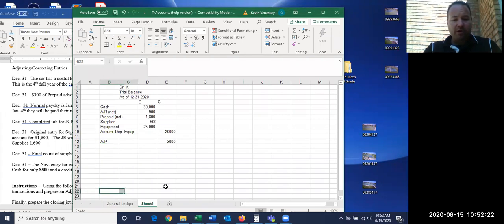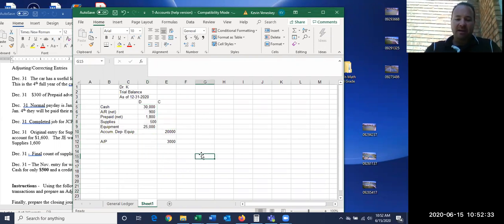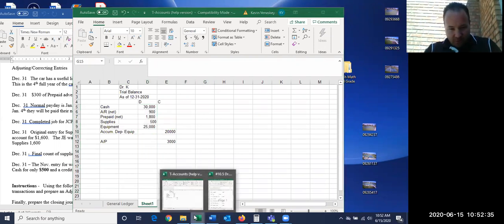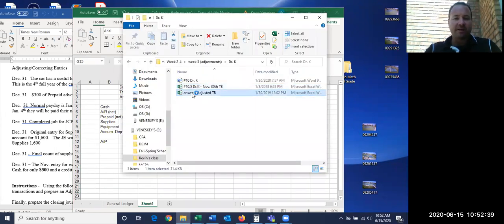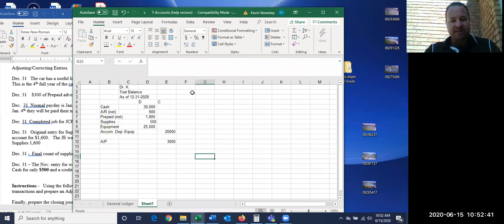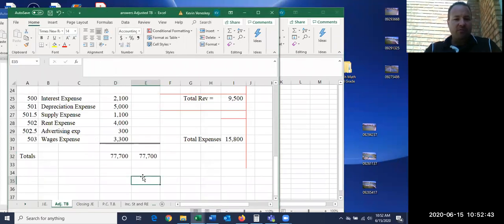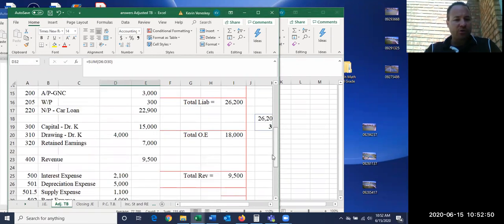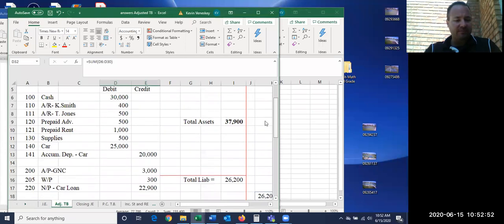And then when you're all done, you want to total it out to get your debit and credits, and they should equal if you have all the credits in the right spot and all the debits in the right spot. And your final answer, I'll go ahead and pull that up. When you're all done, if you want to take the extra 5 or 10 minutes that it takes to do this, your final answer here should have been $77,700 as your total debits and credits.